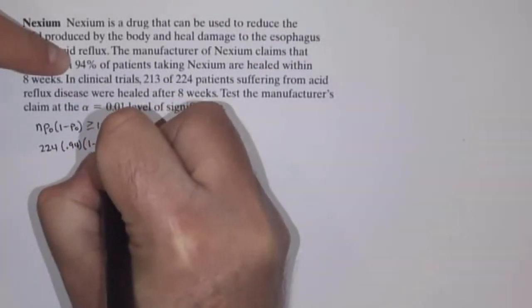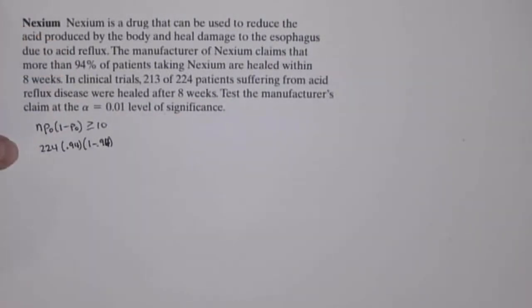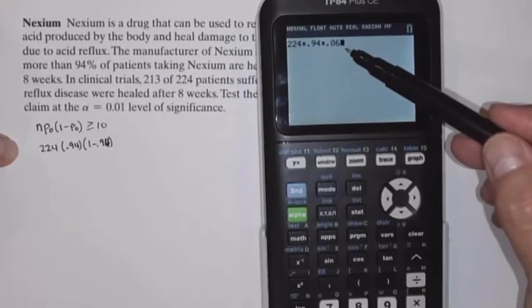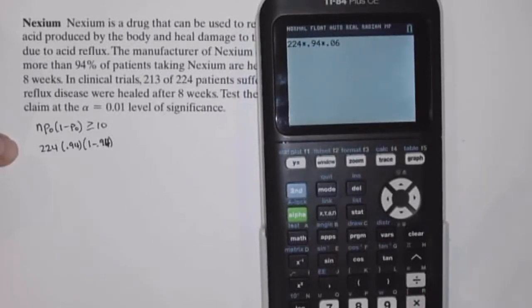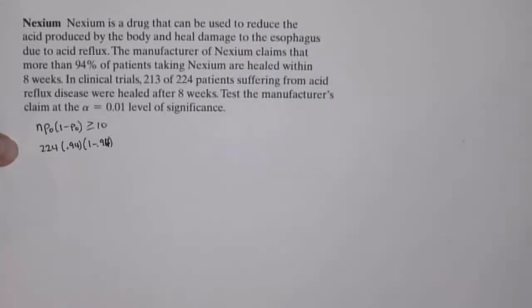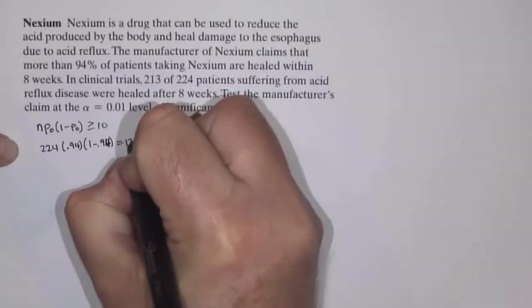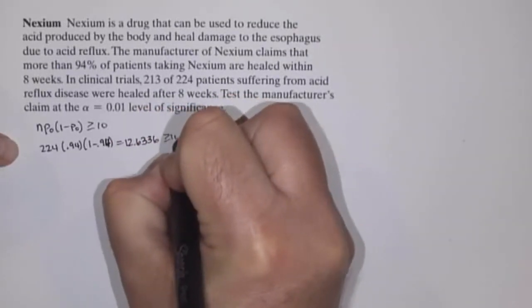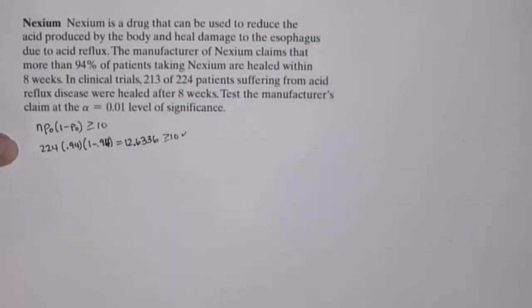If you wanted, you could just say that's 6% or 0.06. So if I have 224 times 0.94 times 0.06, again 0.06 is just what 1 minus 0.94 is, that is 12.6336, and that is bigger than 10, so we meet that condition.